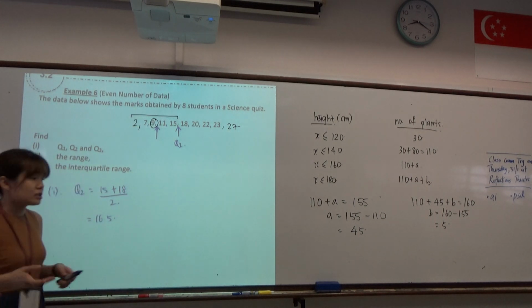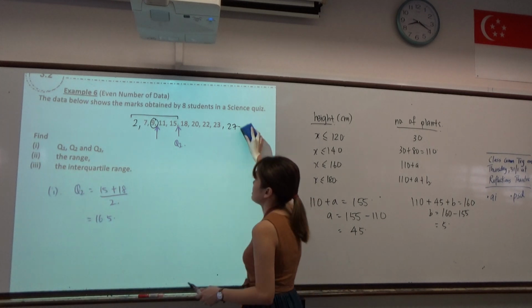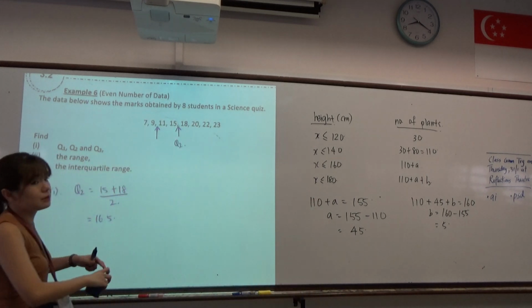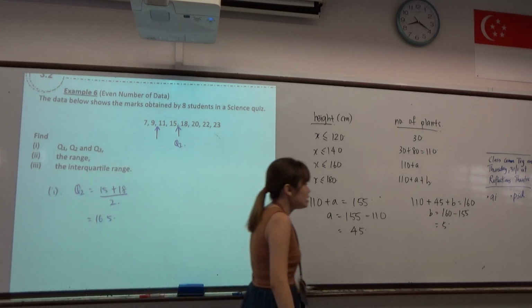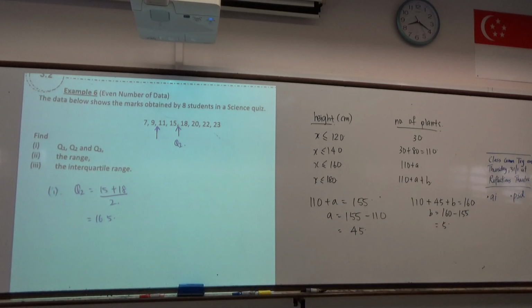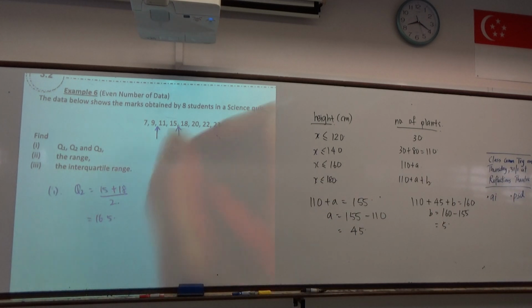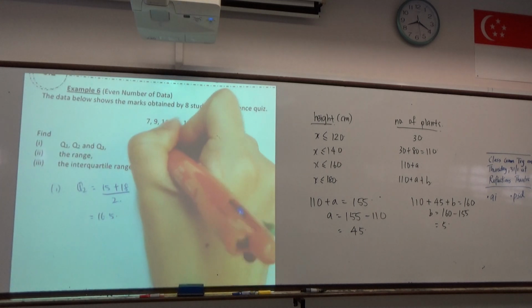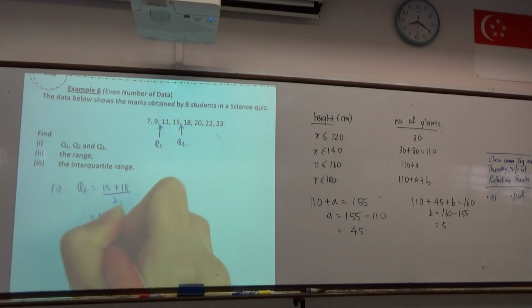So you act accordingly based on the number of data found on the left and the right of the median. Now since there's an even number, it will be 9 plus 11 divided by 2 for Q1. So that will be 10.